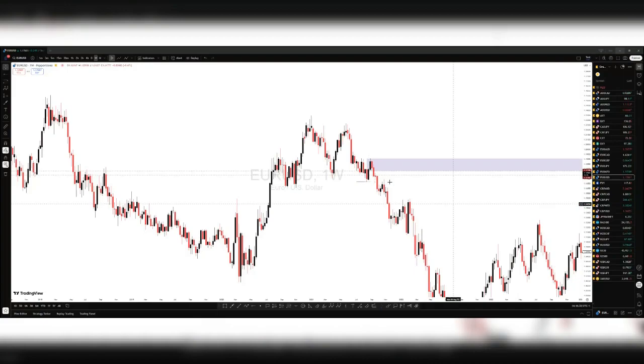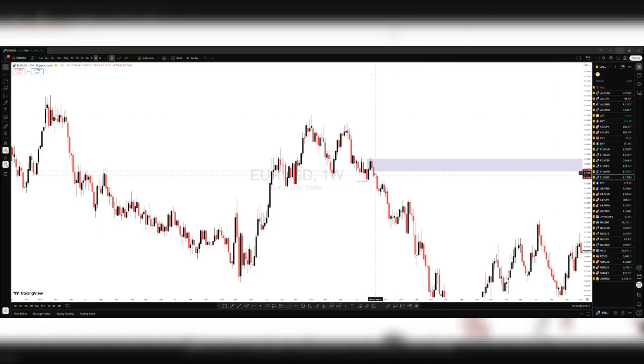The very minute price came and broke below this demand zone, that would be it. So based on that, let us put that in mind.